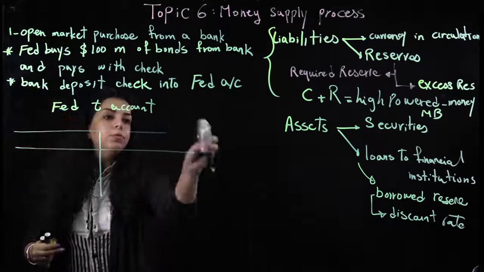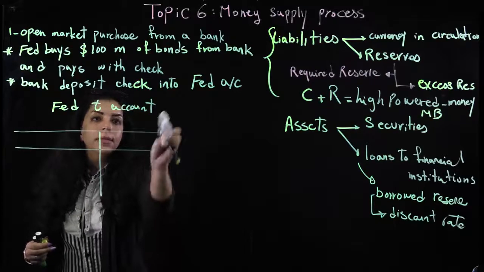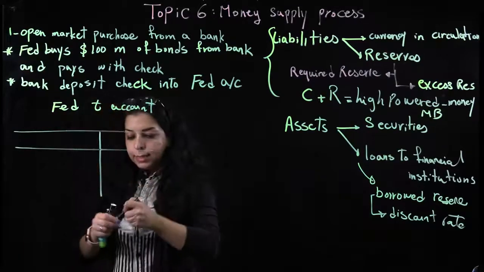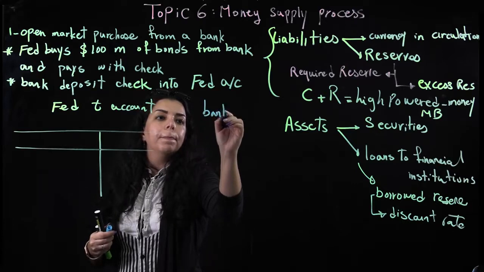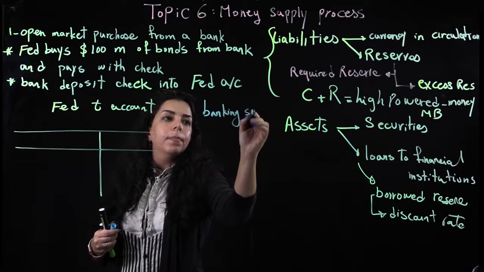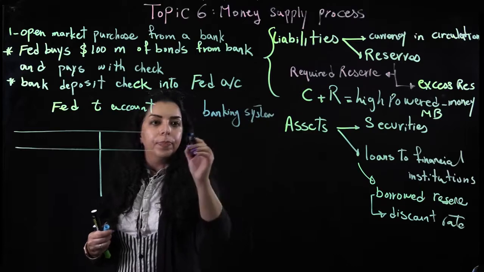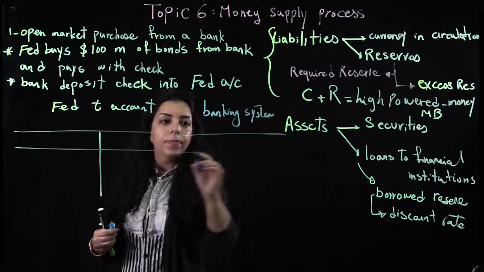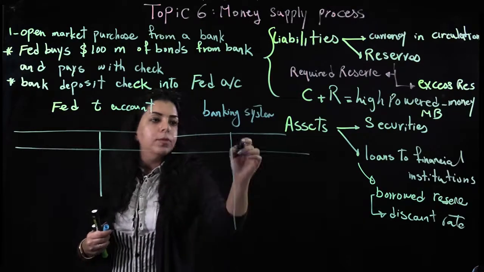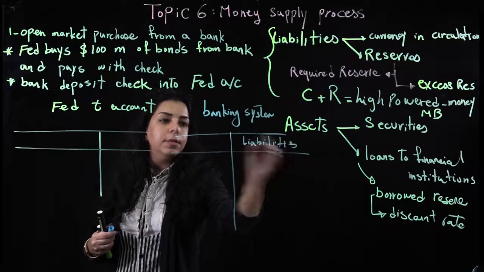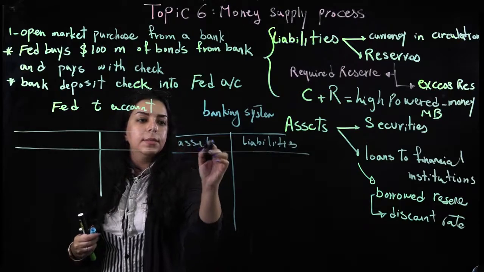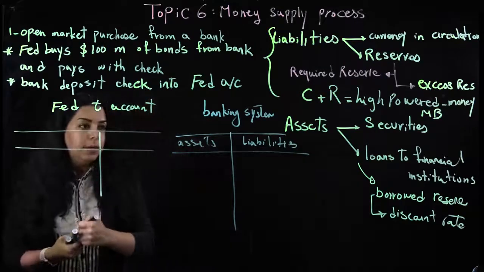And since we have to do this for the banking system, I try to write it in a way that later on I can do it for the banking system. So this side are liabilities, and here are assets, and the same is here.